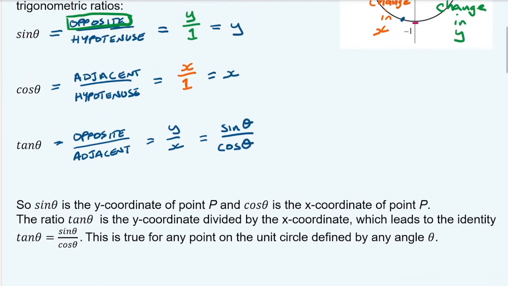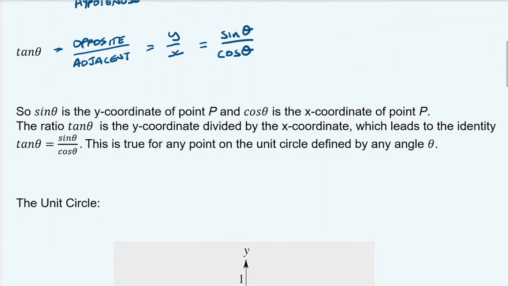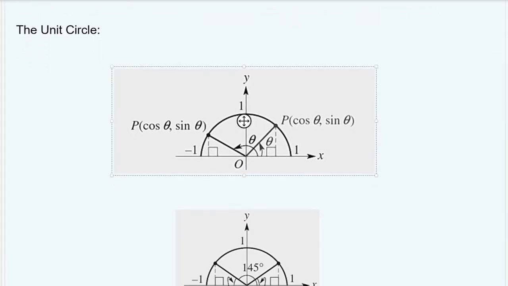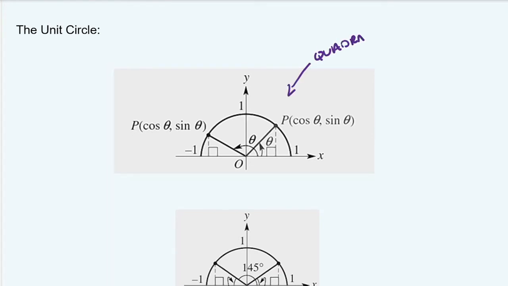Now, one little thing that I want to point out about the unit circle. In quadrant 1, I'm going to use the purple pen here, all of our values are going to be positive. Now, slightly different for the rest of the unit circle.